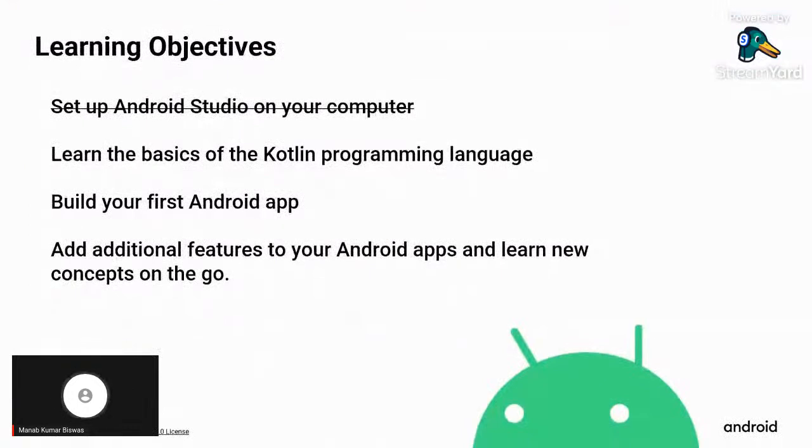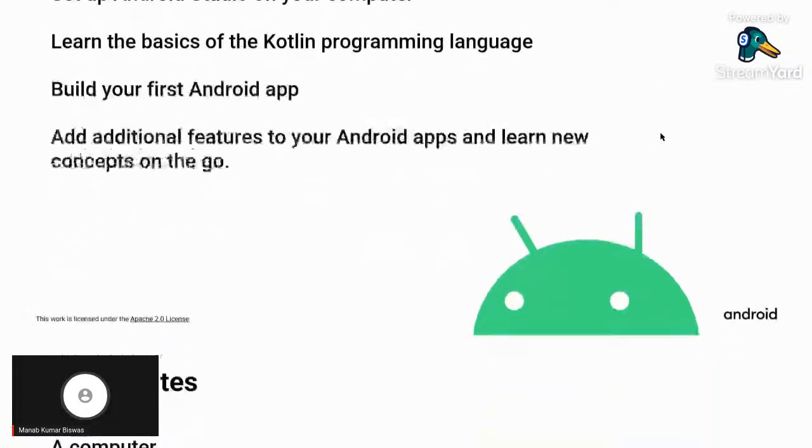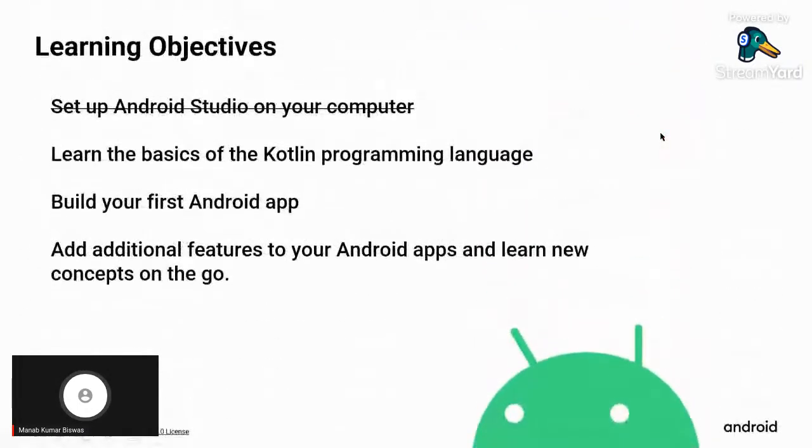Right, so here are a few learning objectives that all of us would be completing through this entire course. Setting up Android Studio is something that all of you would have done, I presume. That would be one of the most important steps for us to get on with the session, as that would be our main point of contact to how you would build Android apps.